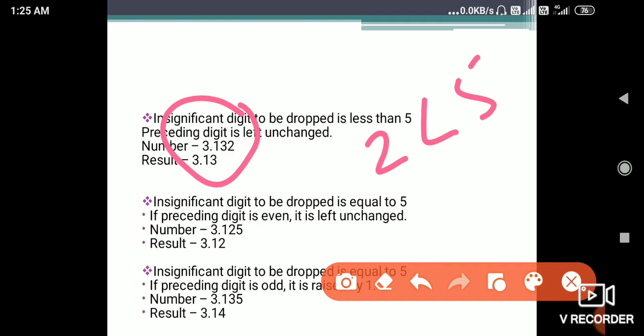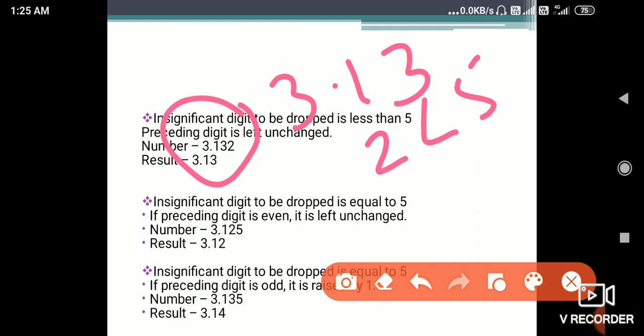If this condition takes place, then in the preceding digit there will be no change. It means it will remain as it is. So the answer will be 3.13. Hope you all understand.